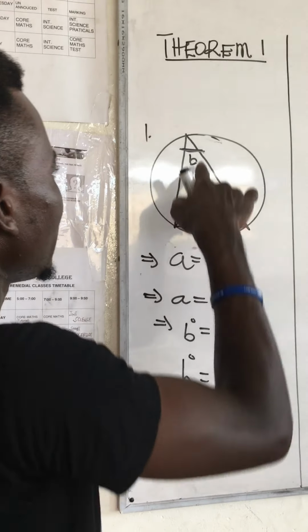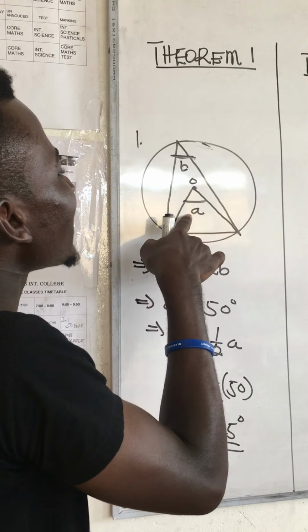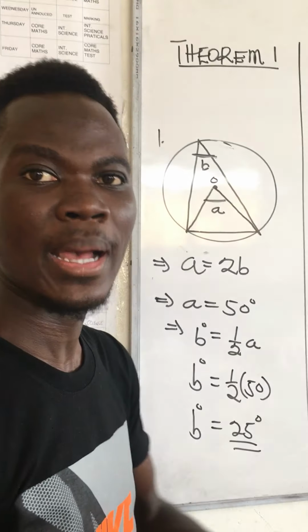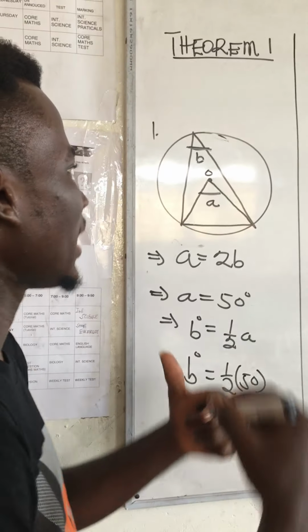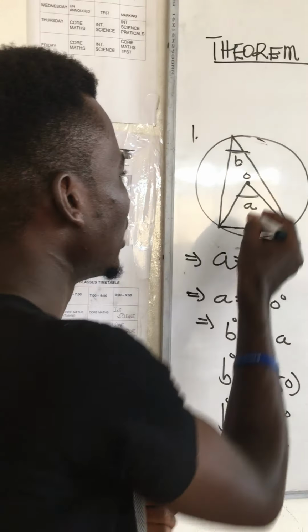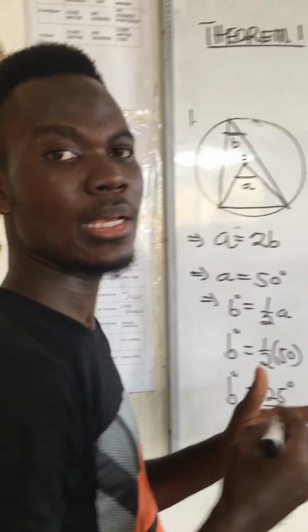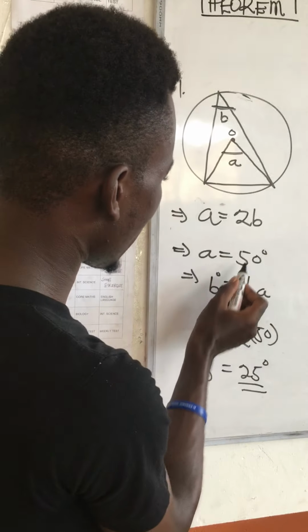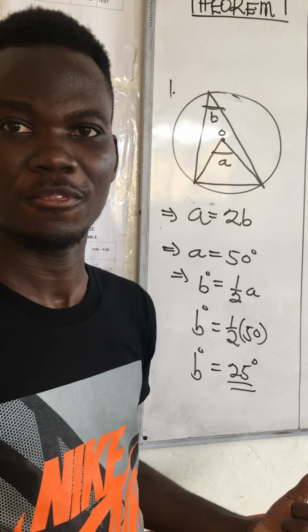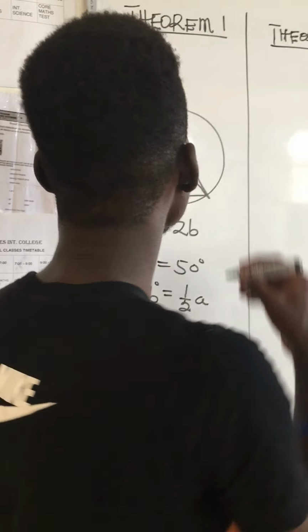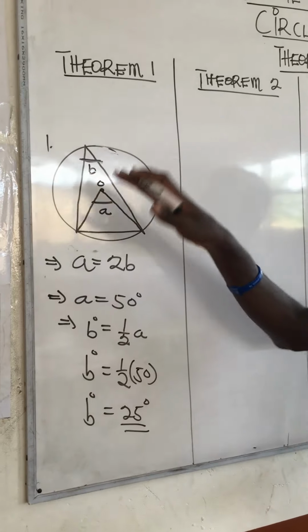So if the mother is 50, the main person can never be lesser than the son. So the son will be 25. That's the idea. So now we've looked at the first theorem.